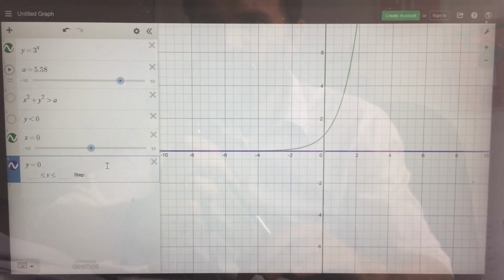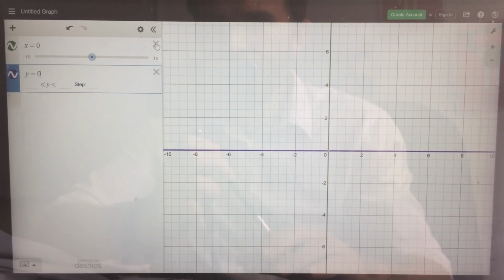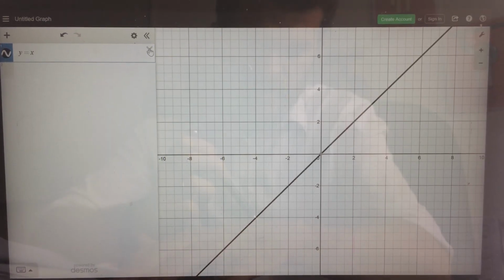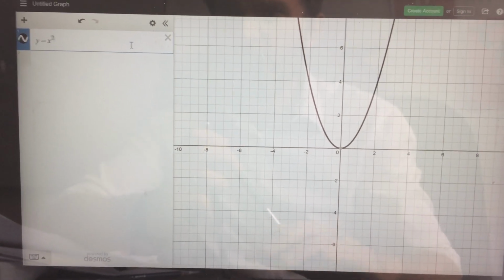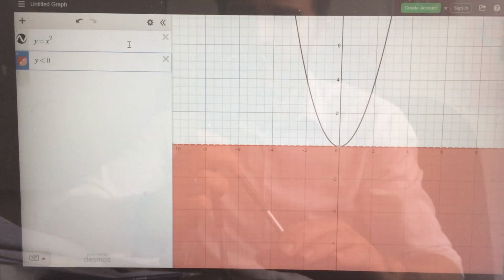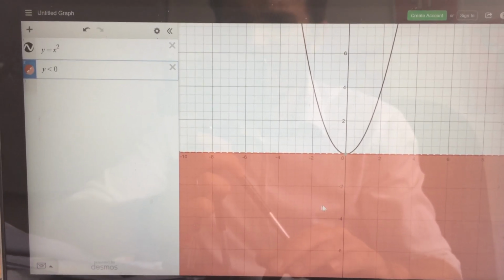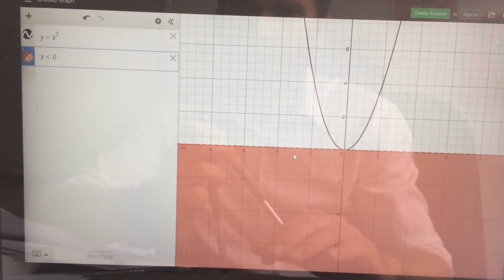And if you wanted to look back at, say, your quadratic graph, if I get rid of all those, so y equal to x squared, and someone says, what is the range of that? Well, an inequality would be a nice way of representing that. So if we do y less than 0, then you can see that the range is y greater than 0 because everything else is shaded out. So Desmos allows us a nice feature there.